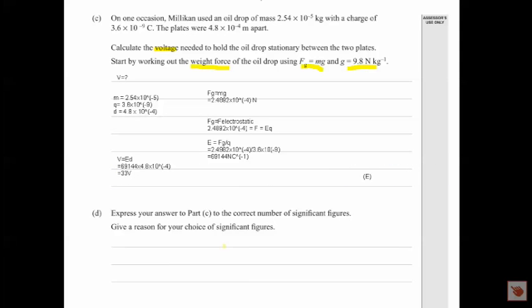Let's work this to some significant figures and give a reason why we're going to choose that number of significant figures. So we're going to say the answer is in 2 sig figs, and the reason is that the data given is in 2 sig figs.